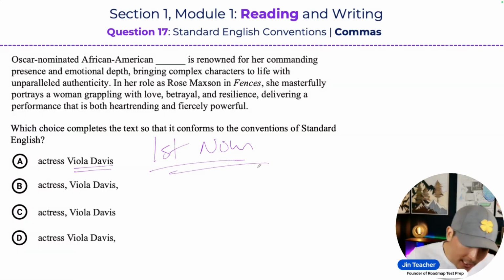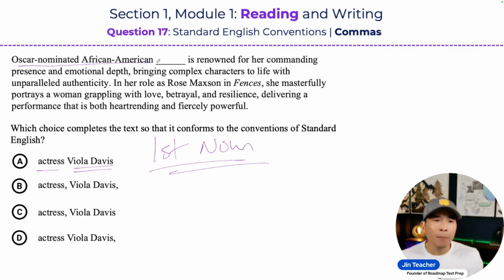Okay, so in this case, when I look at the first noun, there can be more than one Oscar-nominated African American actress, can't there? There can be several Oscar-nominated African American actresses.